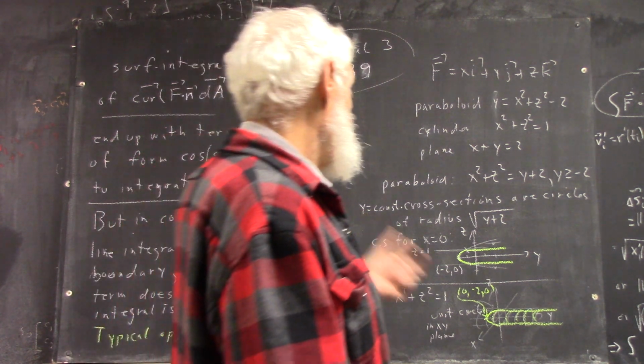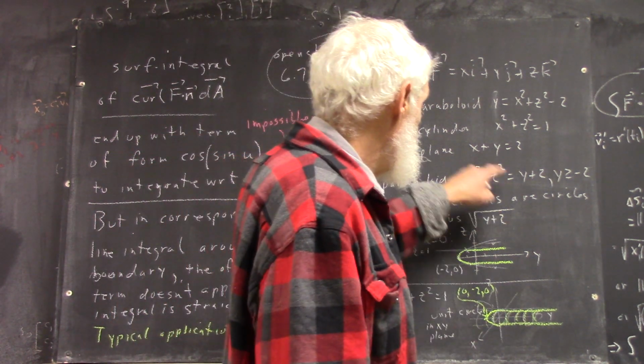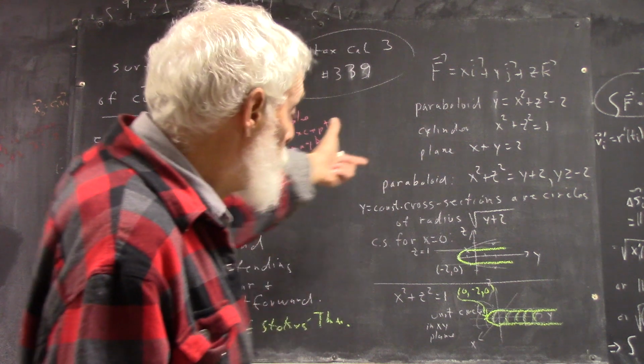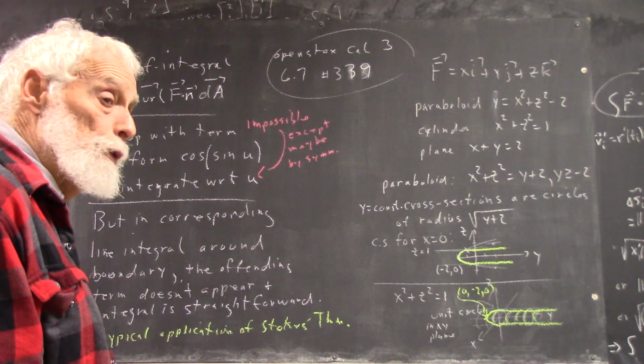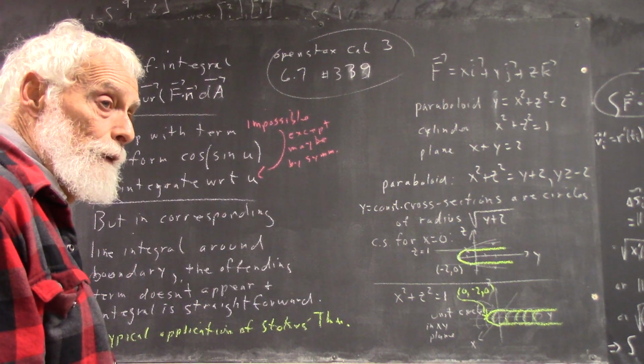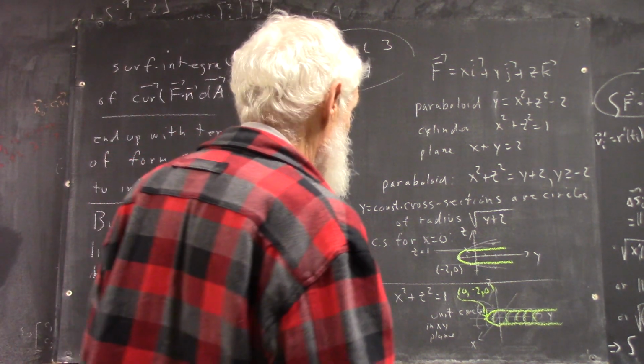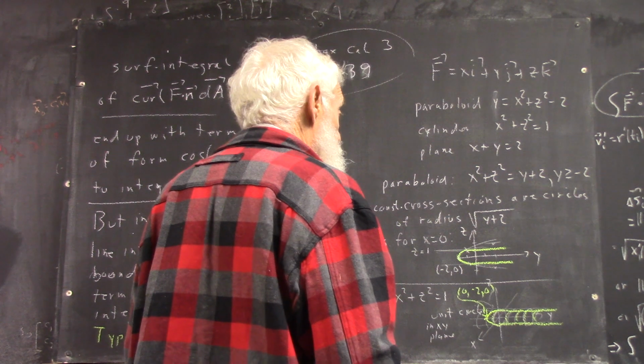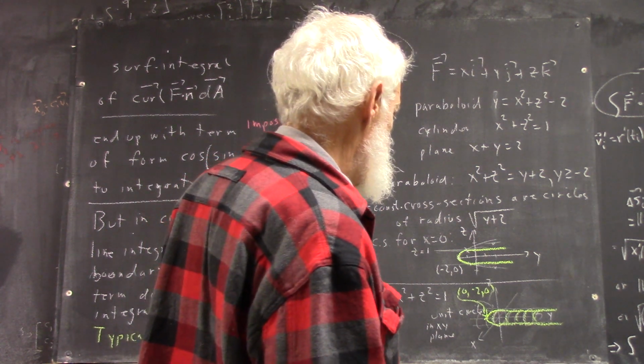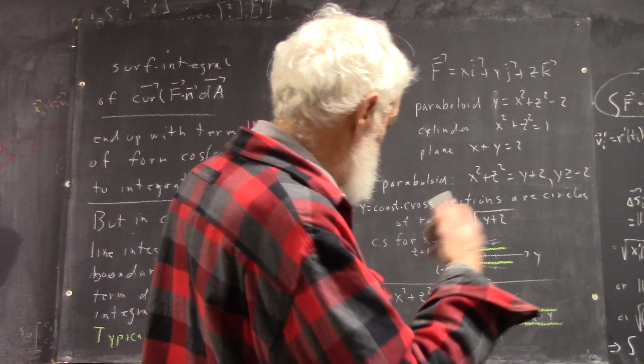Now, symmetry gets all screwed up when you cut it with the plane x plus y equals 2. What's the plane x plus y equals 2? A vertical plane that intersects at 2, 0, 0 and 0, 2, 0. Those are two of its points.